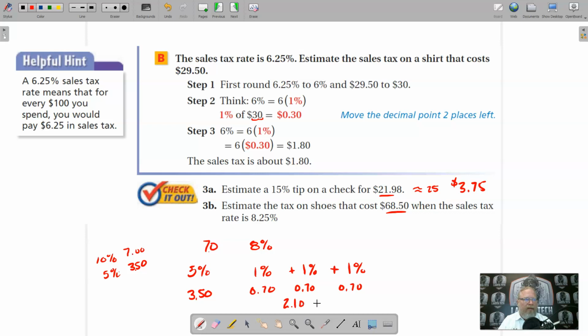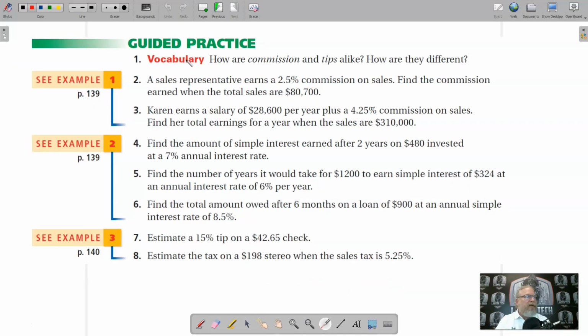That would be $2.10. So in the end, I'm going to have $5 here, and 50 plus 10 cents is 60 cents. Therefore, we would be at $5.60. Outstanding. So that brings us to our guided practice.